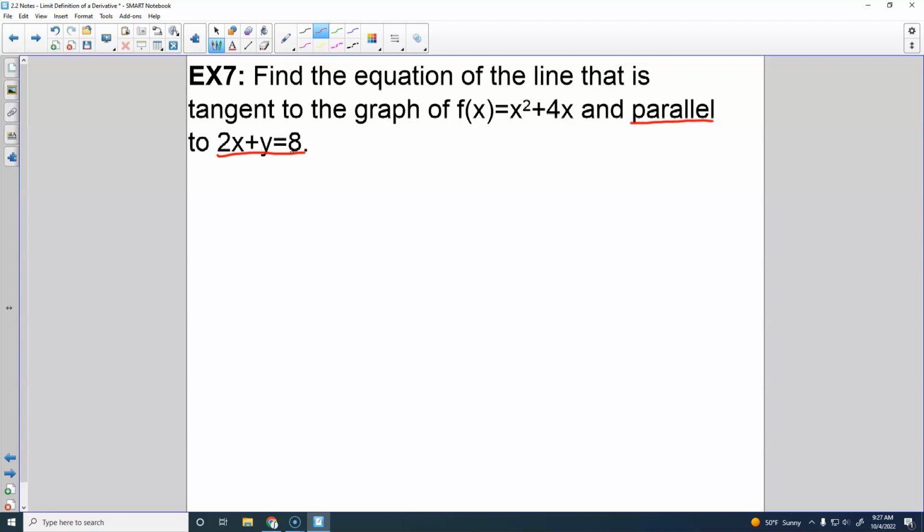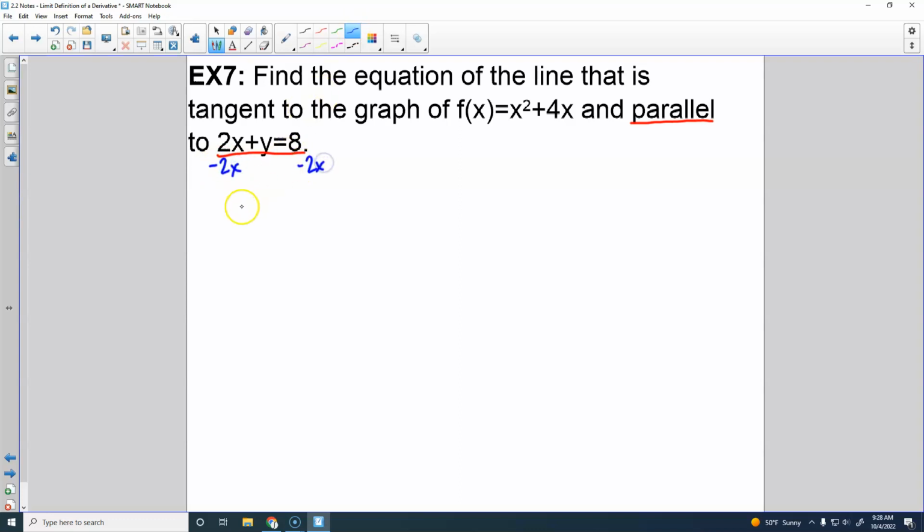They have the same slope. So the slope of the tangent line I'm looking for has to have the same slope as this line right here. What is the slope of that line? It's -2.